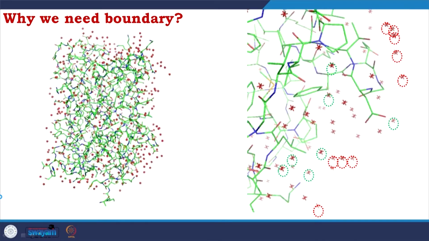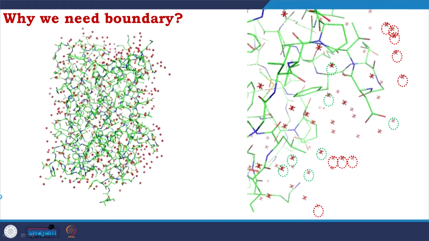This structure comes from RCSB, so it's an experimental structure, and if you look at the zoomed version, you will see that there are some water molecules which are essential for the interaction with the macromolecule. There are other water molecules which I have circled in red, they are not essential.